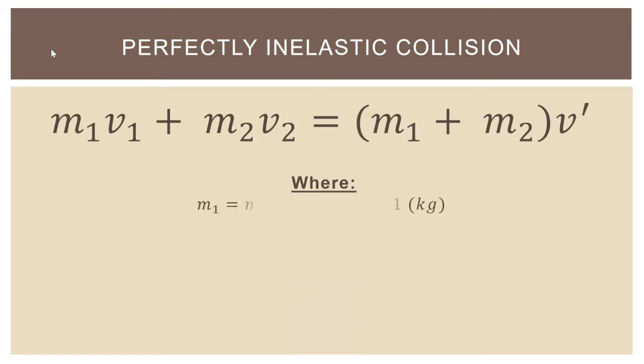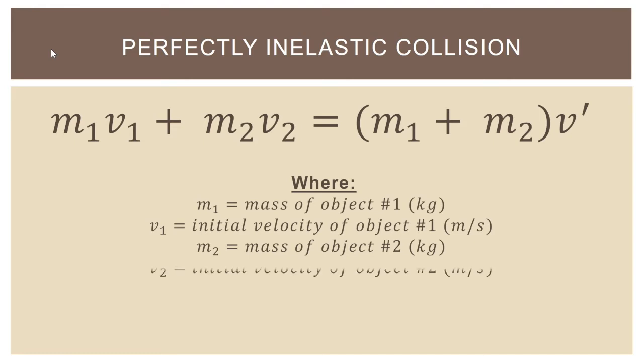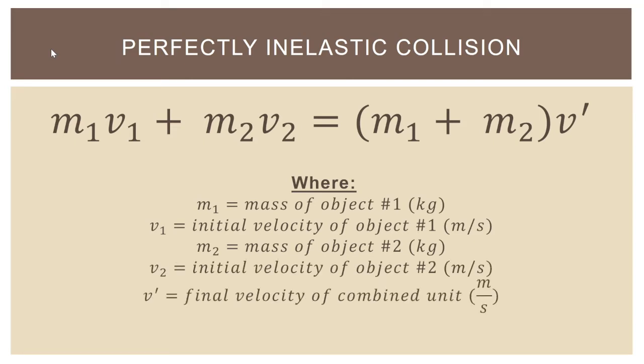As we went on to label here, m1 is the mass of object 1, v1 is the initial velocity of object 1, m2 is the mass of object 2, v2 is the initial velocity of object 2, and v prime is the final velocity of the combined unit.